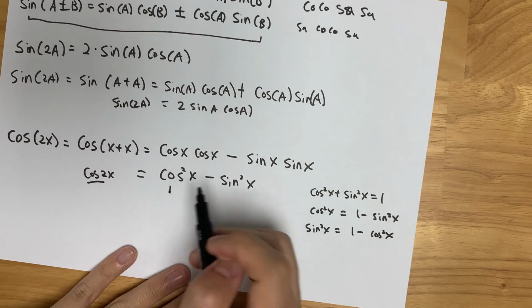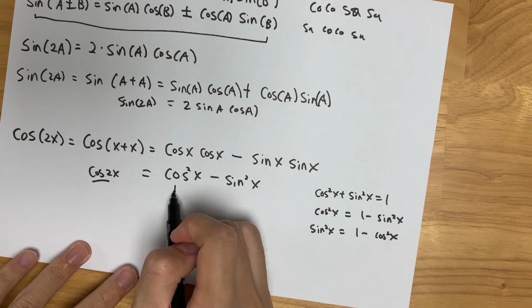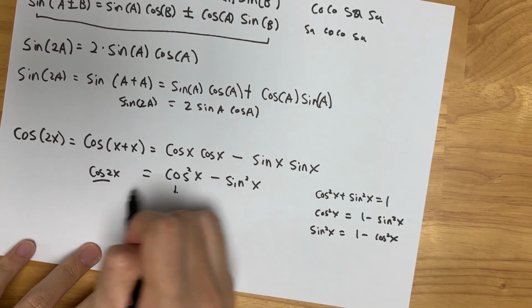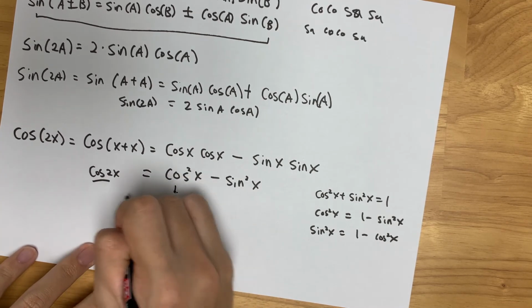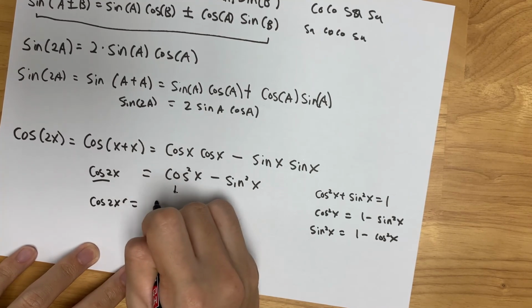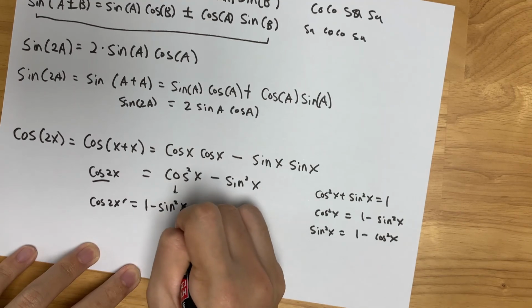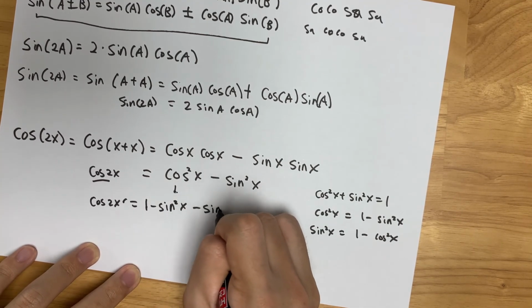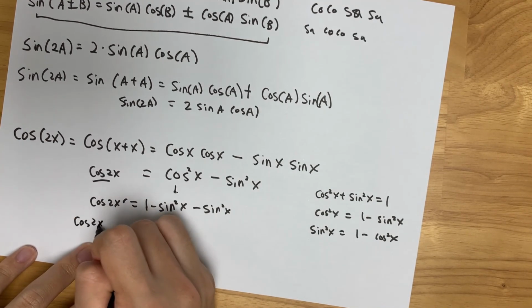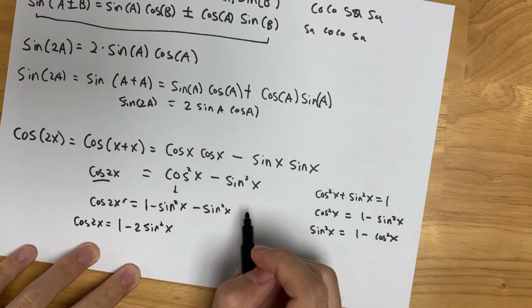We can also say that cosine 2x is equal to 1 minus sine squared x minus sine squared x. Then cosine 2x is 1 minus 2 sine squared x.